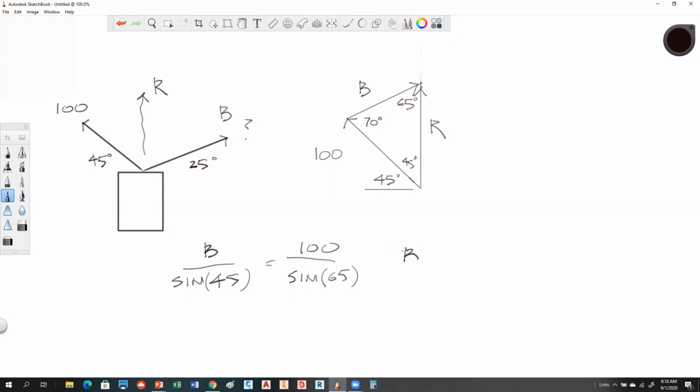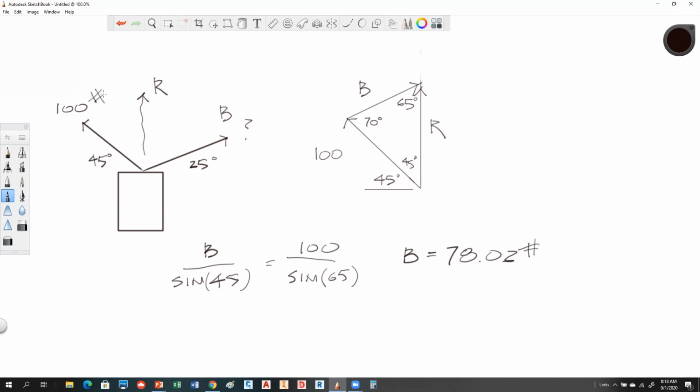So you can see that we can solve B very readily if we take the sine of 45 times 100, and we're going to divide that by the sine of 65. What we come up with is, when we do this, we get the value, basically 78 pounds.